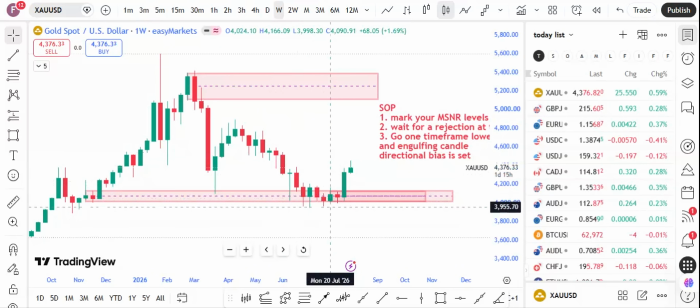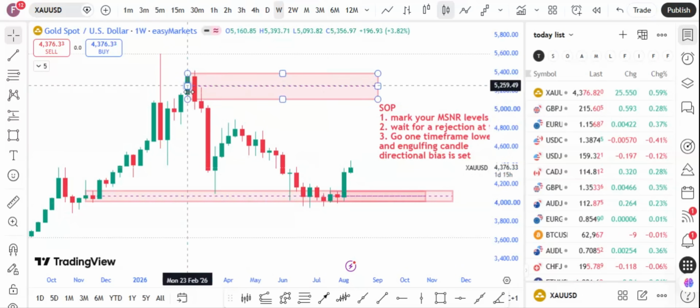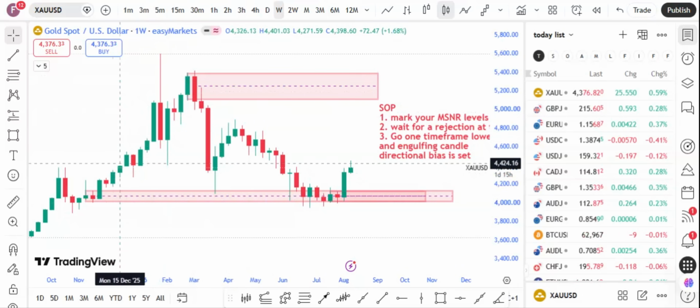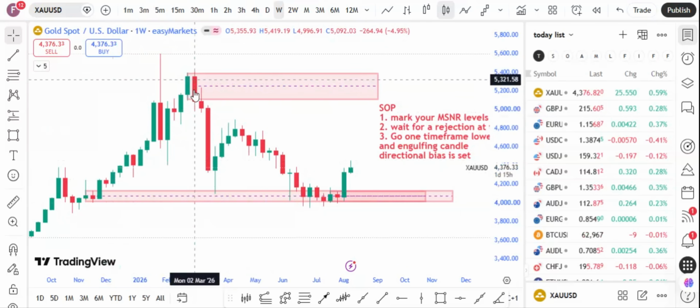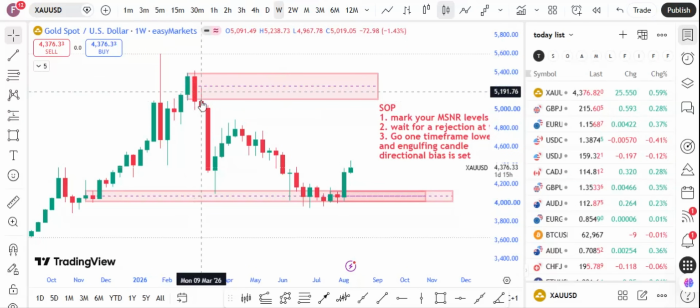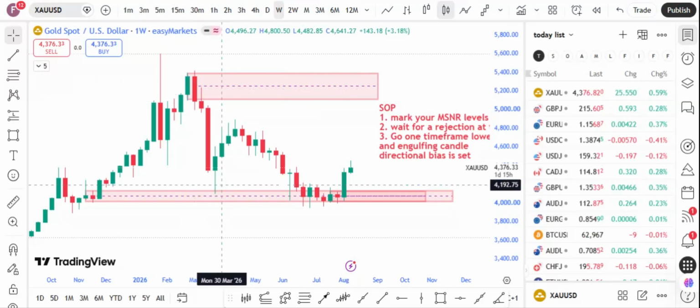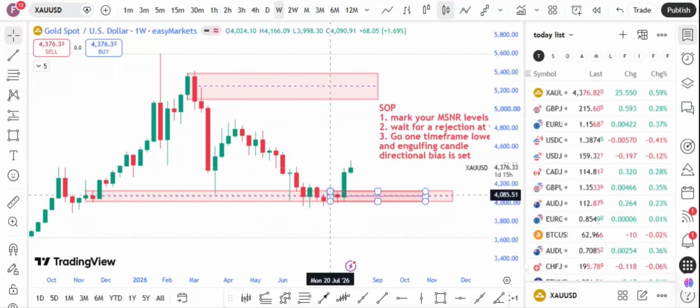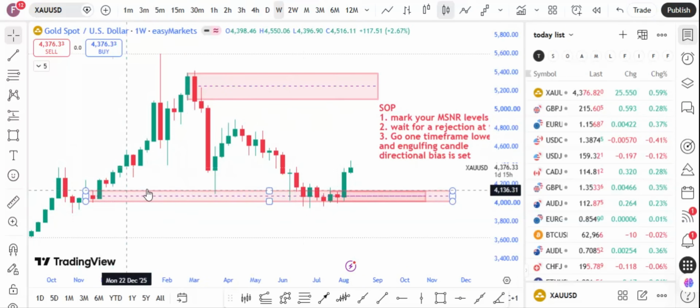For a bearish engulfing candle, you're going to see selling pressure that has overcome the buyers. These buyers were in charge, but once this engulfing happened, the sellers stepped in and pushed the price back down to this level.